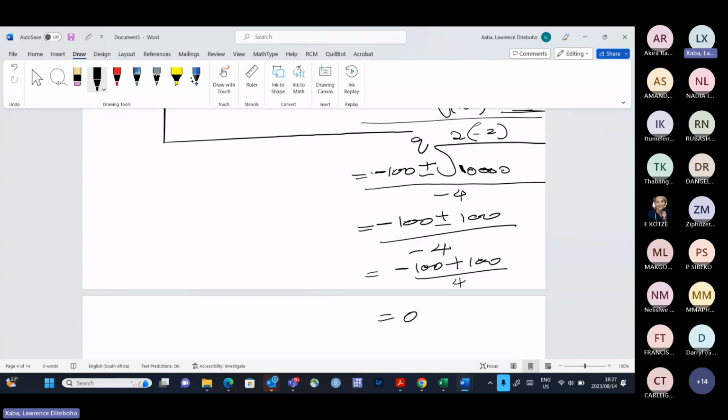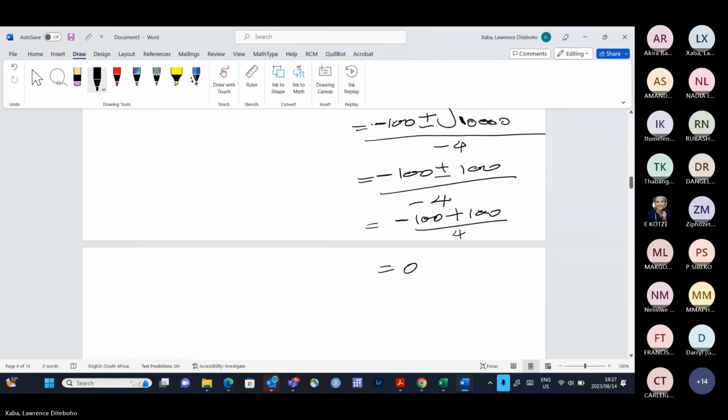The second x, where now we are saying negative 100 minus 100, we end up having negative 200 divided by 4. Then we get the value of the second x.